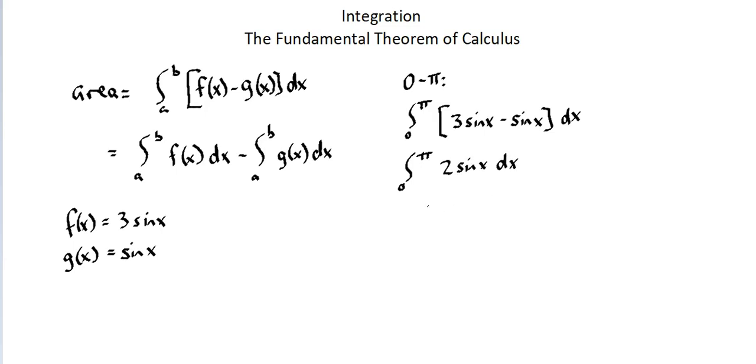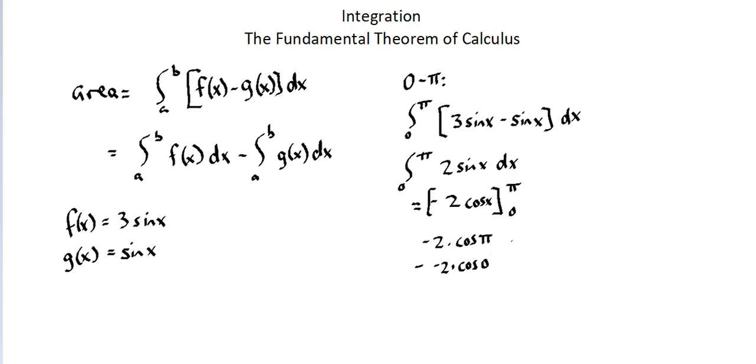with respect to x. The integral of sine of x is negative cosine of x. And I'll keep the multiple of 2. I have negative 2 cosine x from 0 to pi. And my evaluation will be negative 2 times cosine pi minus negative 2 times cosine 0.